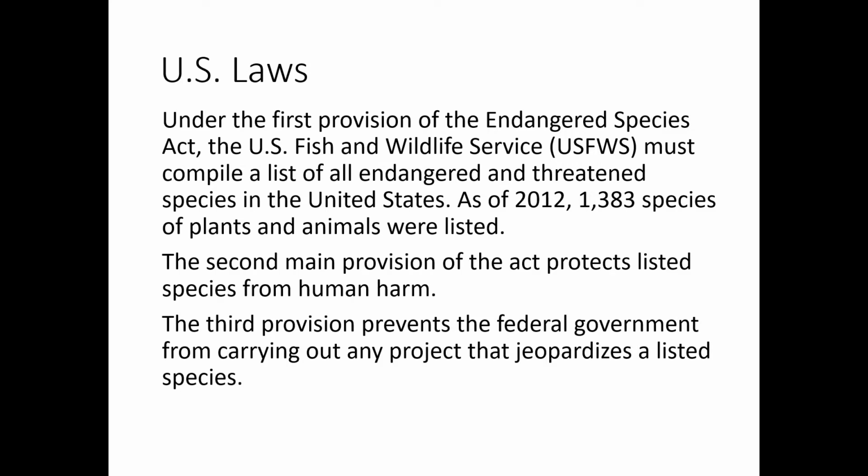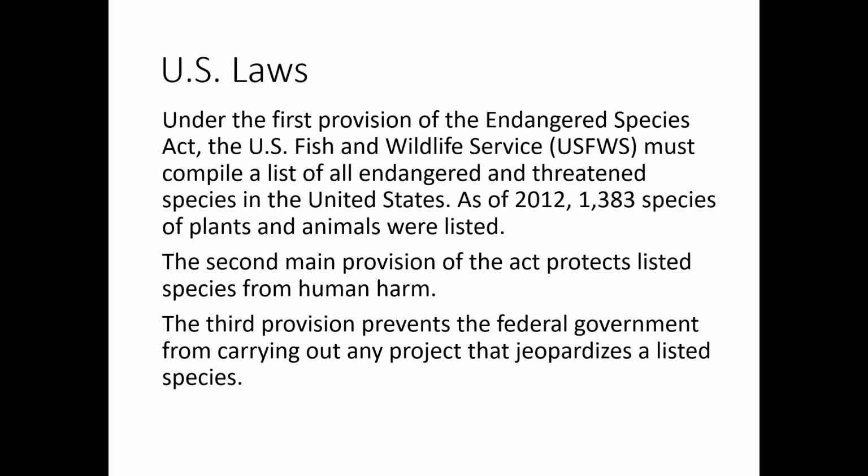So within the Endangered Species Act, the first provision is identifying, making a list of all the endangered and all the threatened species in the United States. So just getting an idea of what exactly is an endangered species, which species are on this list, and then protecting these species from human harm, saying that, okay, these species are set aside, you can't hunt these species for food or use their furs or whatever for business gain.